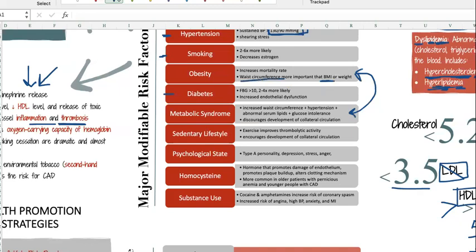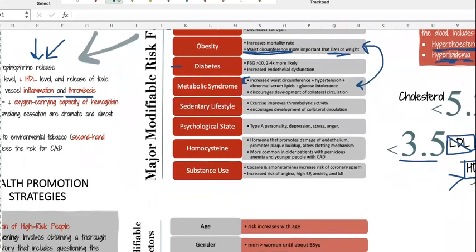Really nowadays, we're more concerned with waist circumference than BMI. That's because there have been tons of studies showing that central obesity, like if you're carrying weight in the middle part of your body, can put you at a much higher risk for coronary artery disease. I don't necessarily know that there's a really good patho behind that, but it's just something that they've really been developing in the last 20 years.